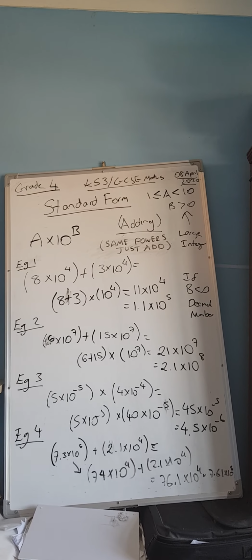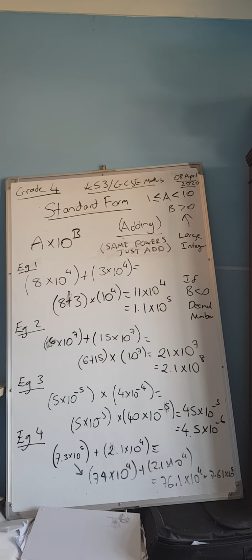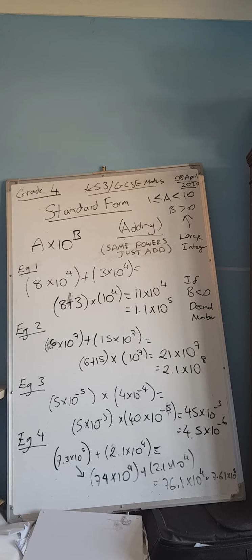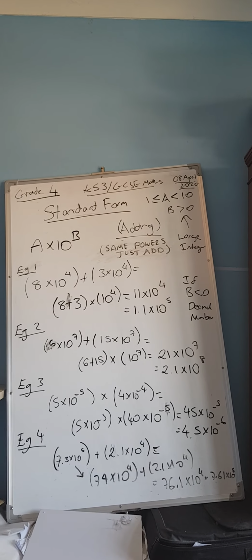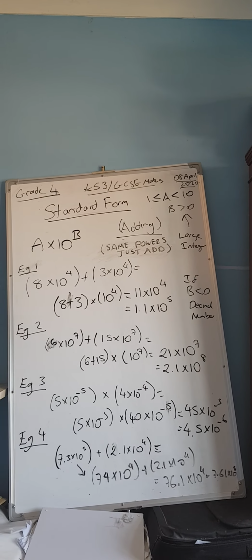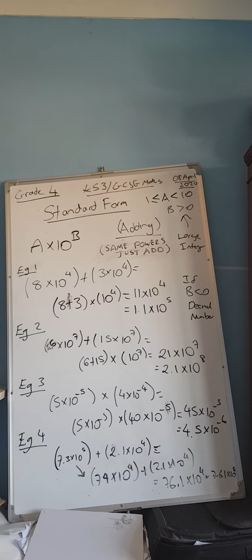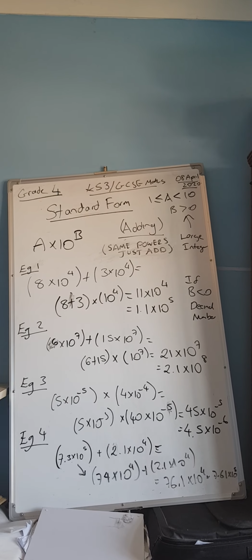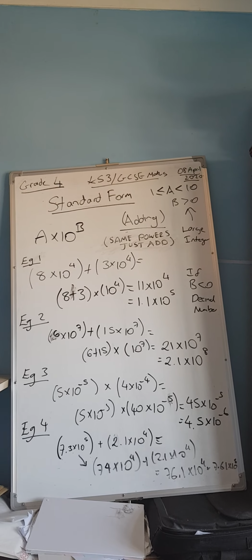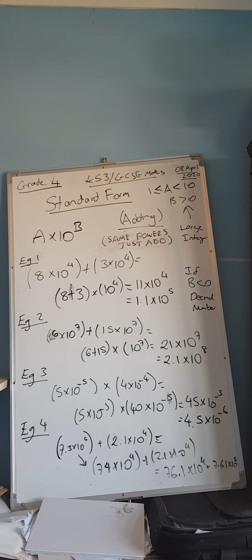Right, guys, example 1: 8 times 10 to the 4 plus 3 times 10 to the 4. Now there is more than one way of tackling this problem. One way, which I've not done in this video, is to write out the numbers as ordinary numbers, convert standard form to ordinary numbers, and then work out your answer by adding using place value.